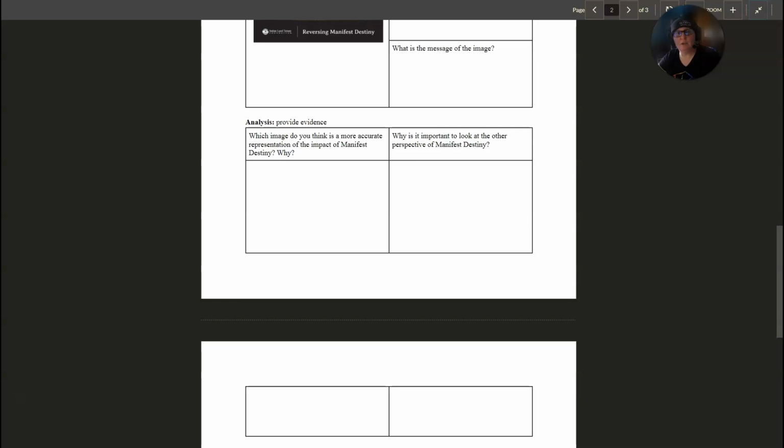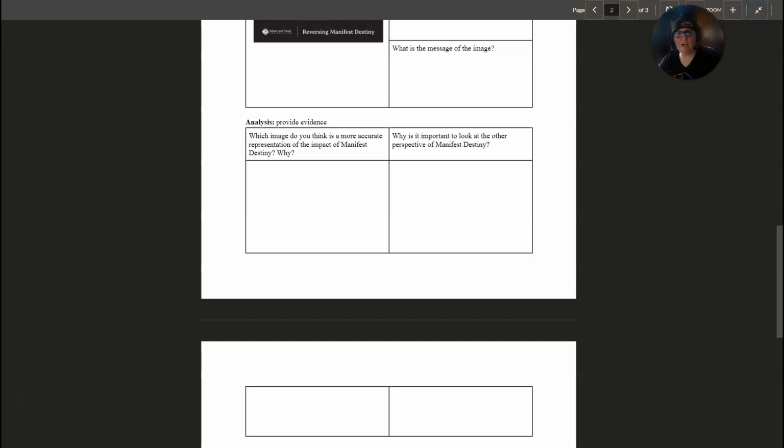All right, this other one: why is it important to look at other perspectives of manifest destiny, because we're only looking at two? Again, it's an opinion question, so you have to stay on topic. But there are 6,000,000,002 answers that could be right. You just have to find one of them.